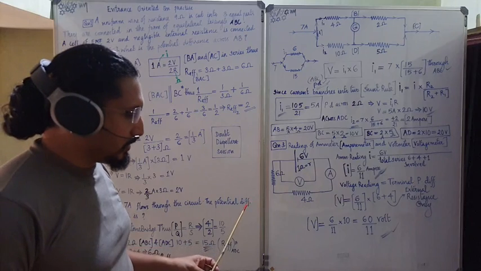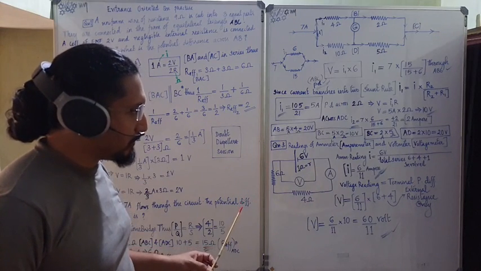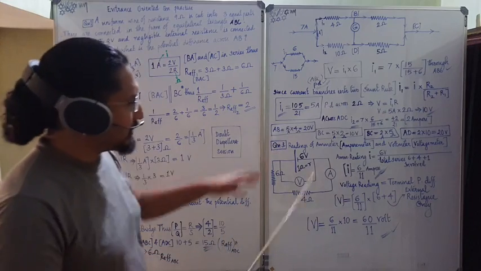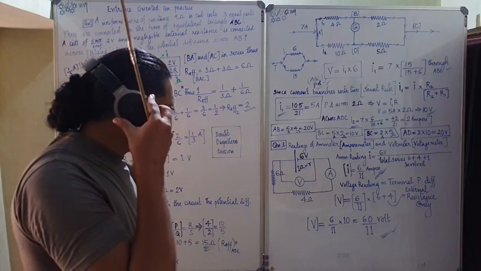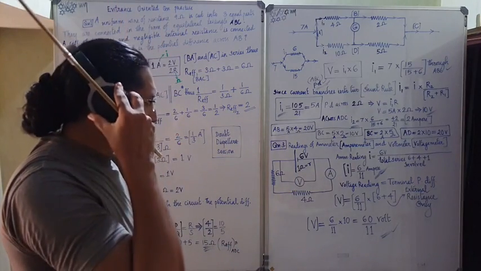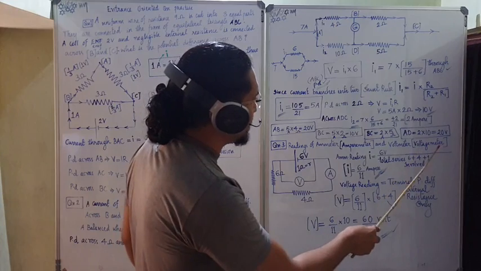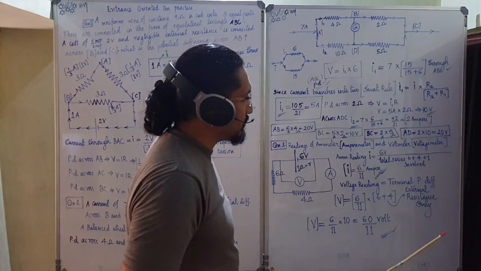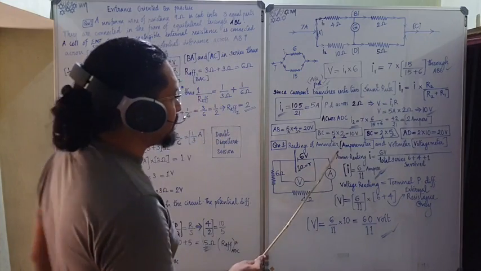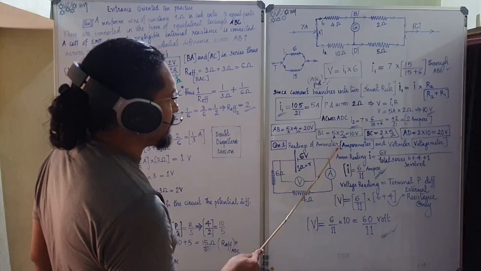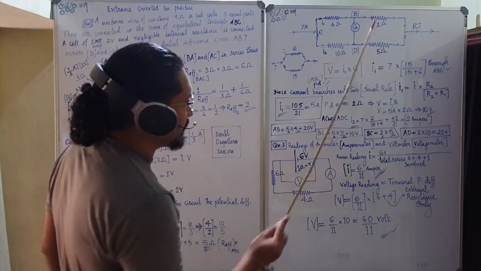Ammeter is used to measure the ampere. Ampere meter has been changed into ammeter, and voltage meter has changed to voltmeter. So the ammeter measures the ampere, and the voltmeter measures the voltage.